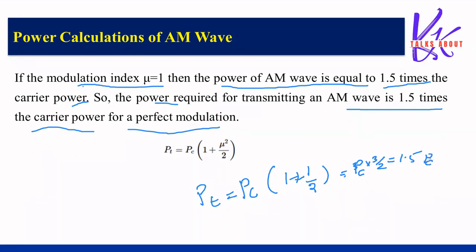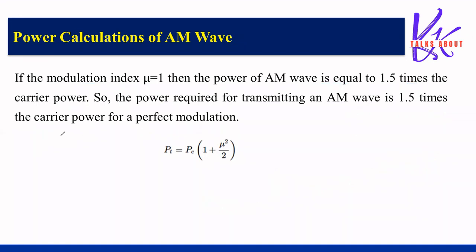So this is the total power consumed by your amplitude modulated wave. On the other hand, PT is equal to 3 by 2 times your PC.